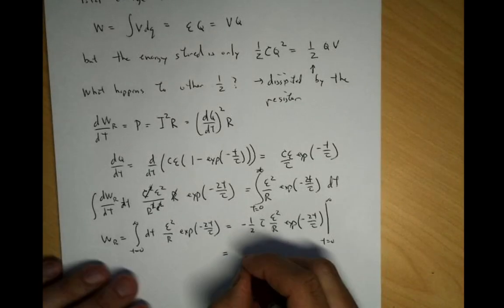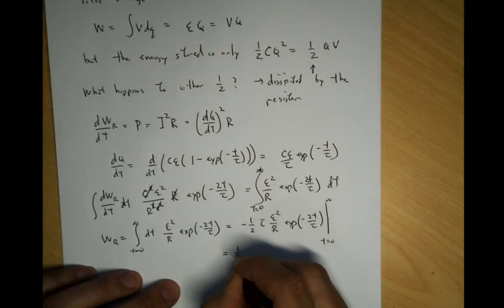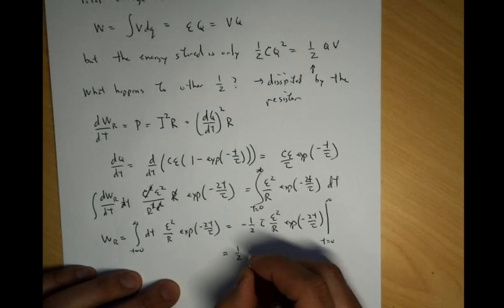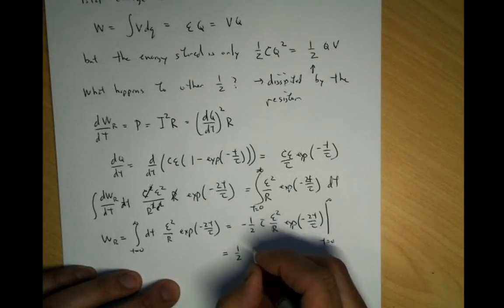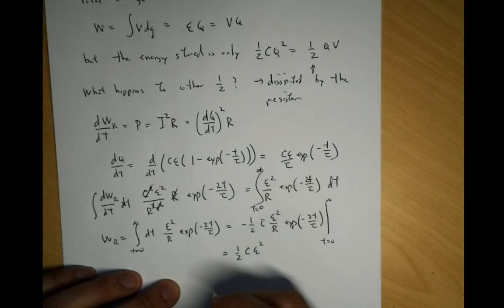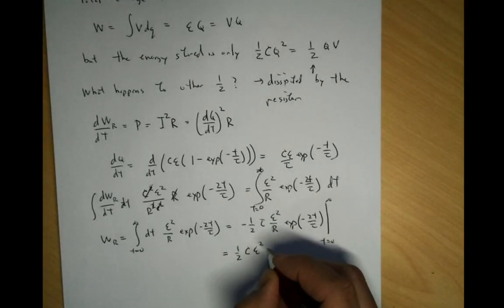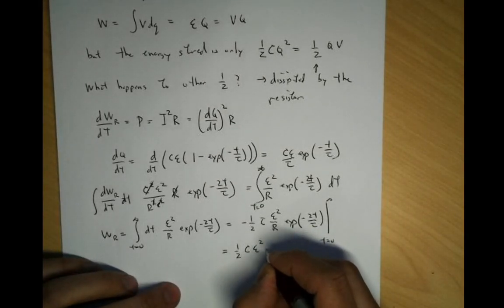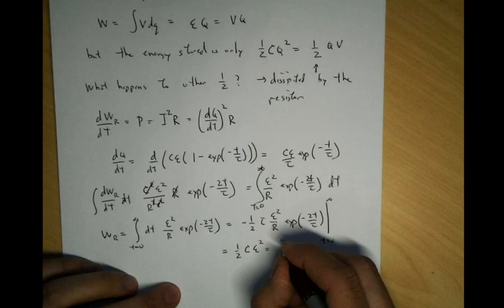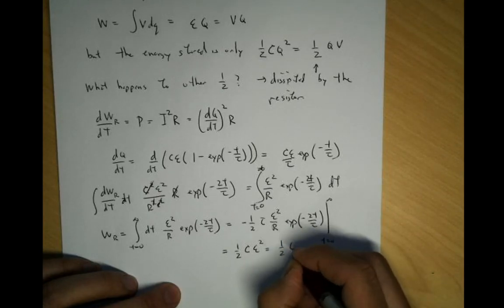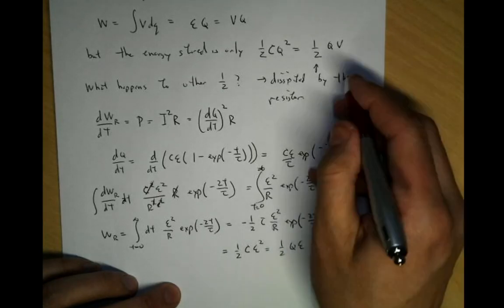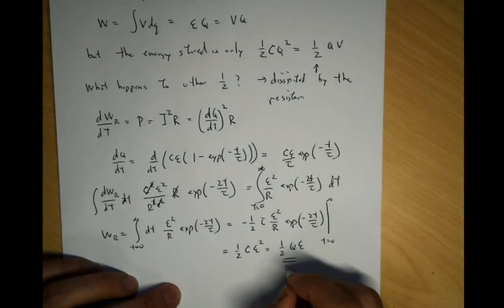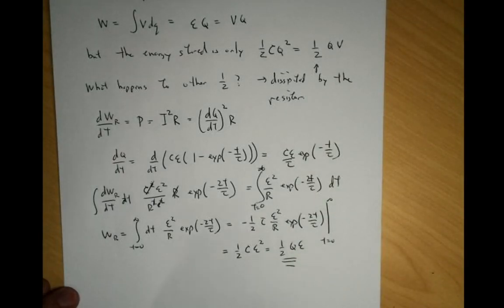So this is equal to 1/2, tau is RC, so C times epsilon squared, which is equal to 1/2 Q times epsilon, or Q times V. So that's the other half of the energy, dissipated as heat.